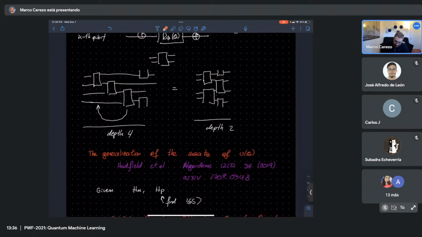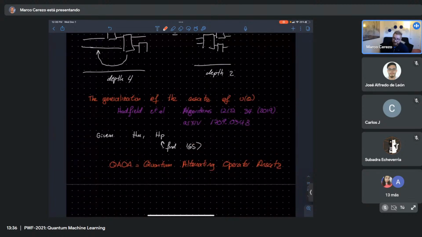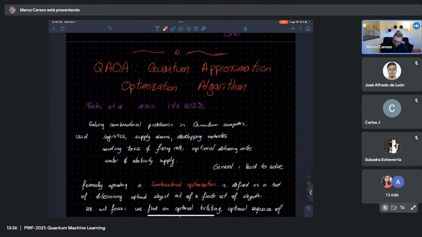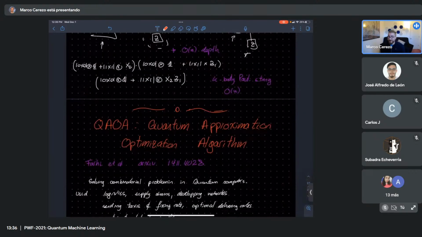It's very simple. Unfortunately, it has the same letters as QAOA, the original quantum approximate optimization algorithm. So in the literature, you might find QAOA for an algorithm, or you might find QAOA for an ansatz. Depending on the context, you're going to know which one it is, but just be mindful that QAOA is used in the literature for two quite different things.